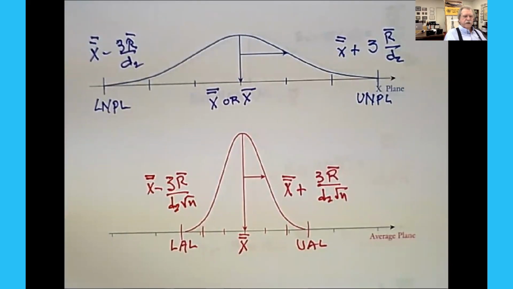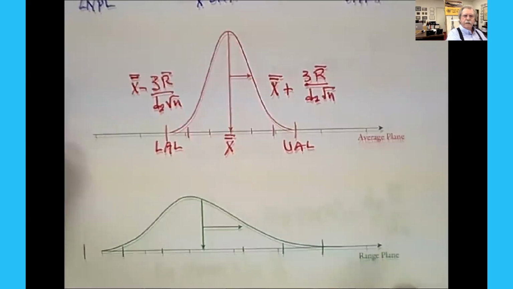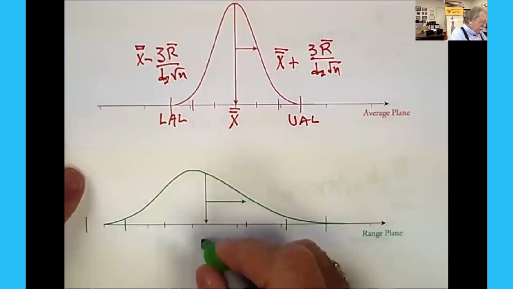Now, the picture here has been drawn for subgroup size 5, and that's going to create an issue down here on the range chart we'll talk about in a second. So let's move on down to the range plane. Our central line is R bar.